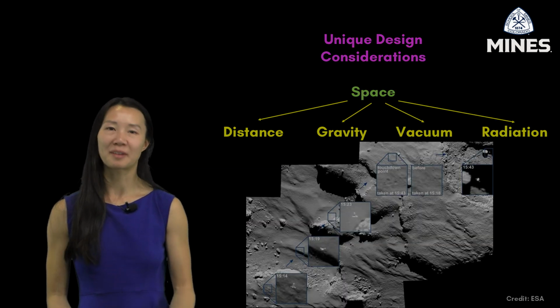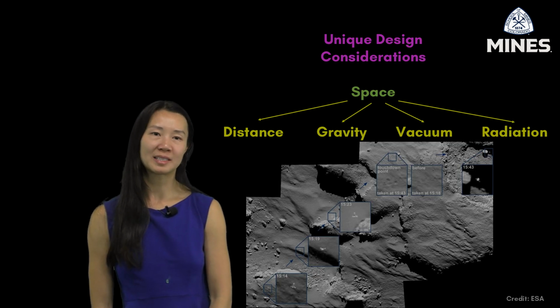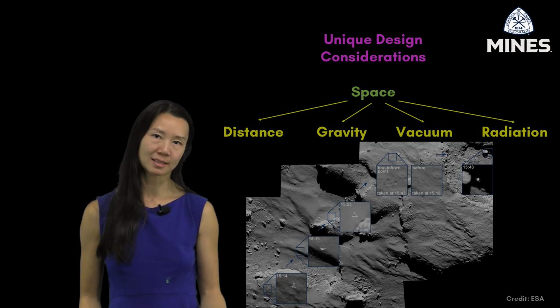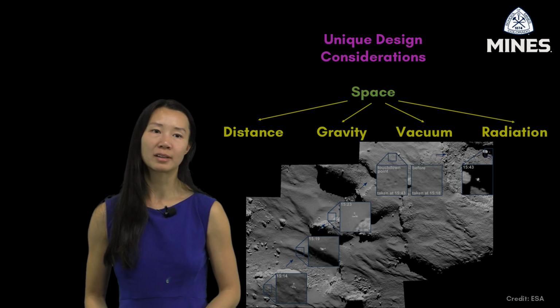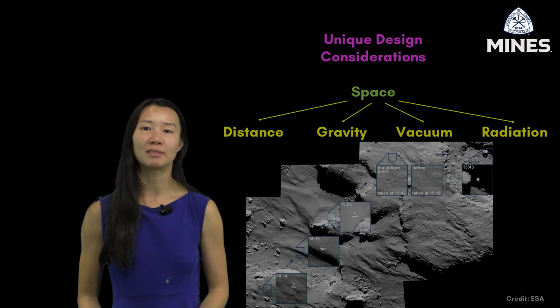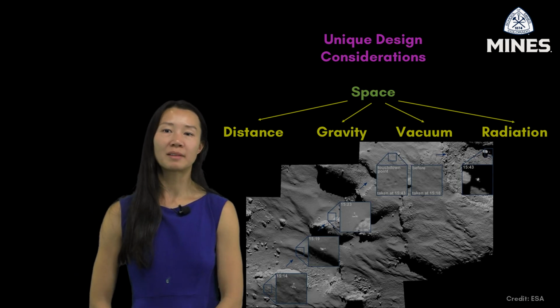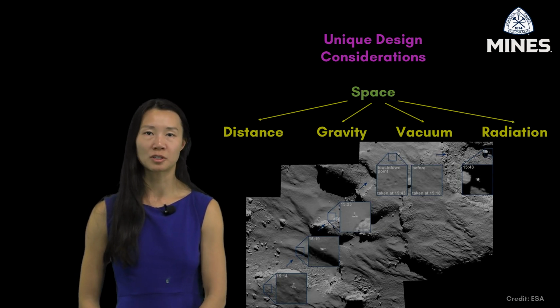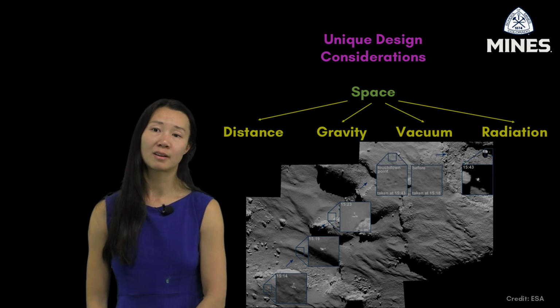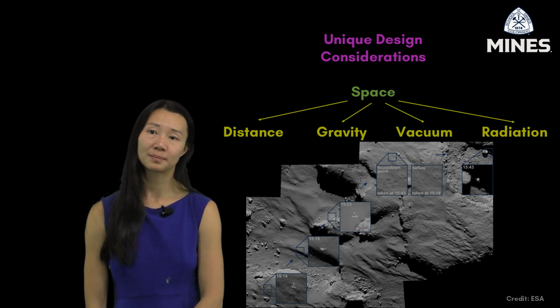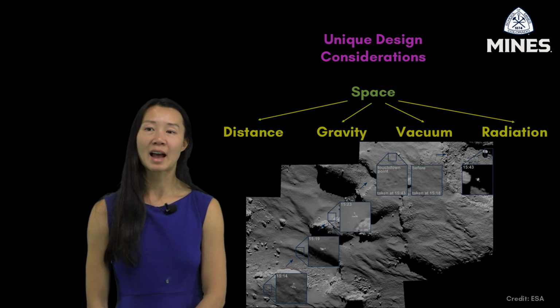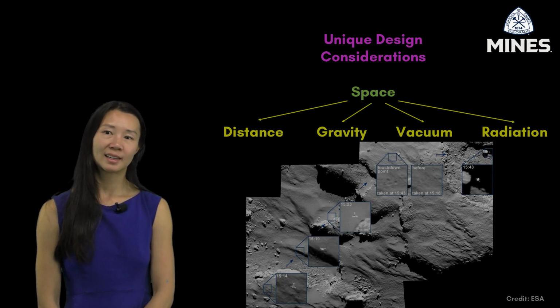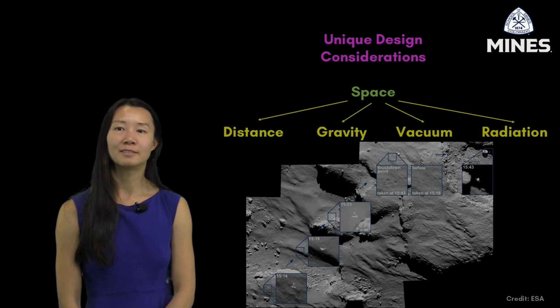Let's now talk about gravity. The different celestial bodies in our solar system have different masses, and that dictates the gravity on a planetary surface. Smaller bodies have less gravity, and as you know, gravity dictates the physics of projectile motion, which dictates a lot of the interactions we personally observe on Earth. An example of how this impacts a space robot is a story of Philae.